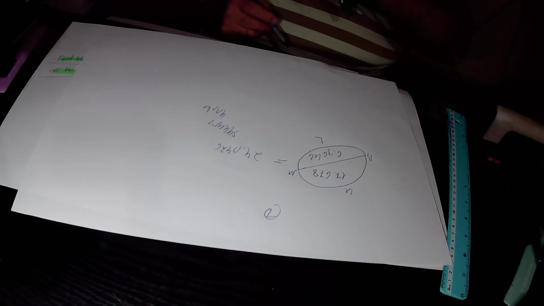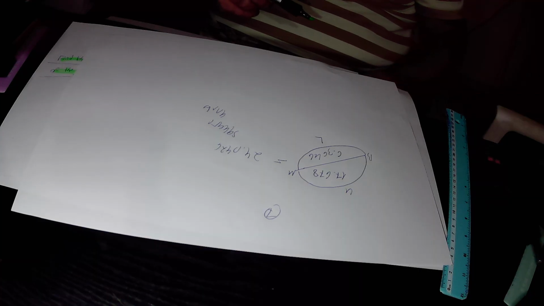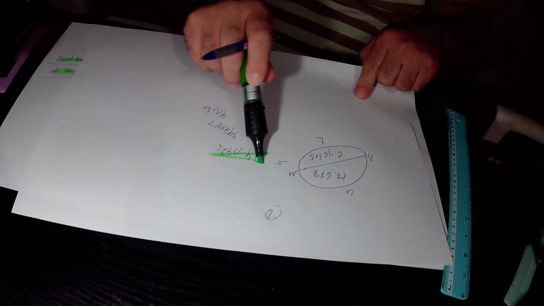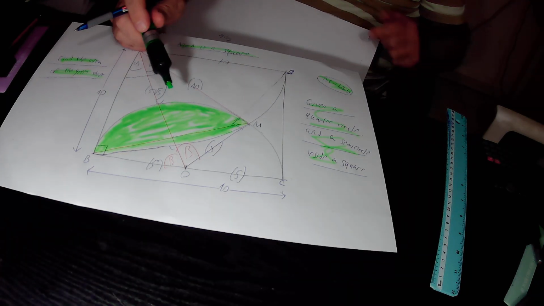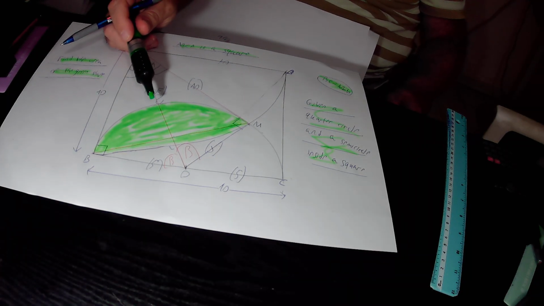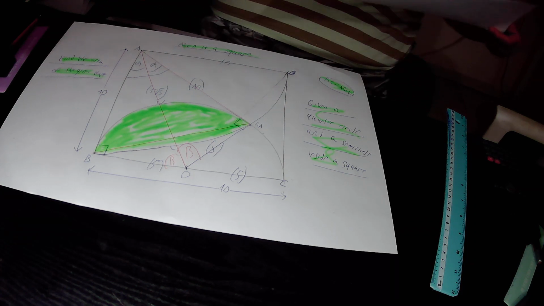In total, it equals 24.0426 square units in size. So in total, we found out that the area we are looking for in this question, that is the area of this green shape, is equal to 24.0426 square units in size. Okay, thank you very much.